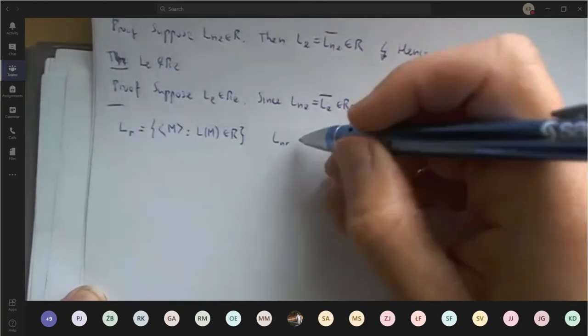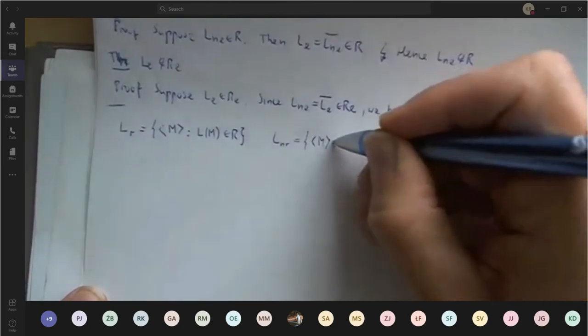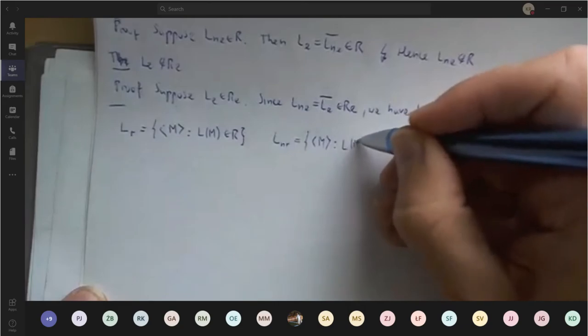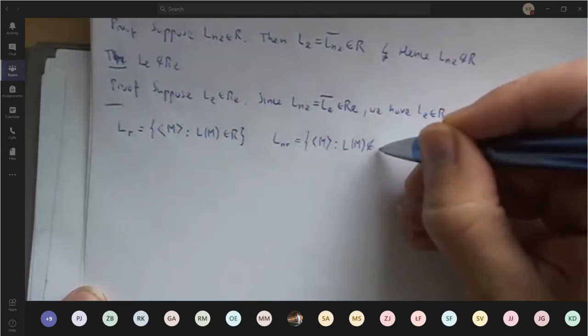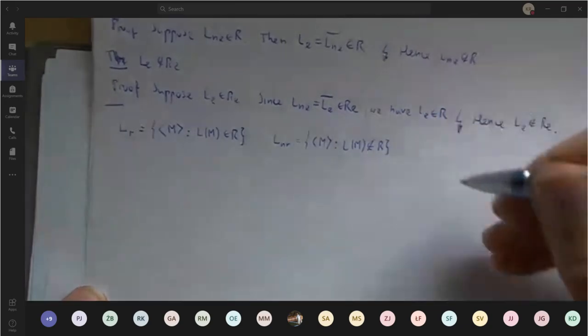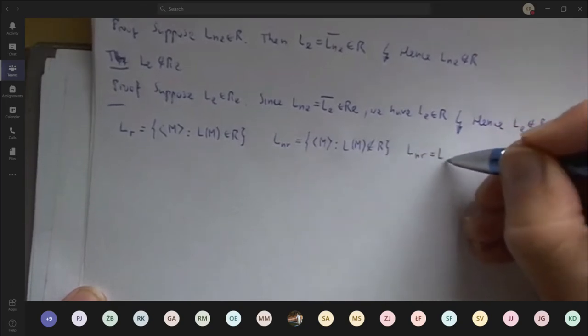And its complement, so non-recursive, the set of codes of Turing machines accepting non-recursive languages. Of course, they are complements.